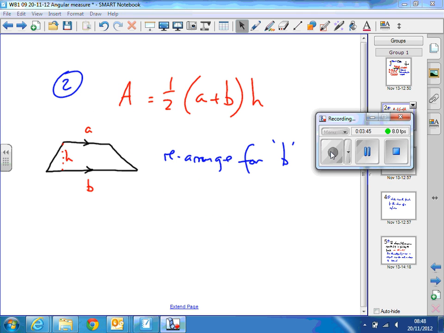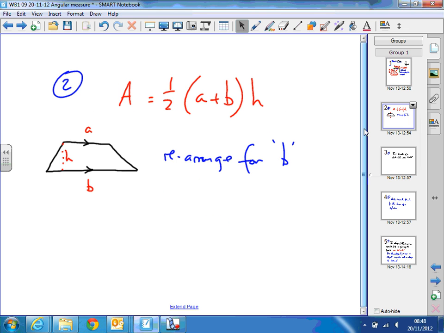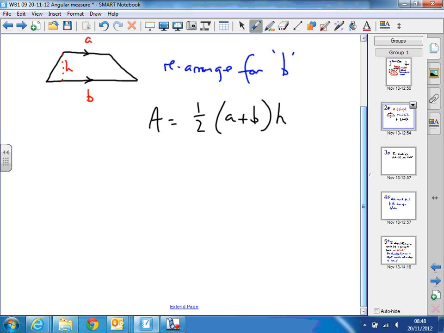So area A equals a half, A plus B, times H. Remember, we talked about in the first week that finding a half of something is the same as dividing it by 2. So I could write it as A plus B times H, all divided by 2.